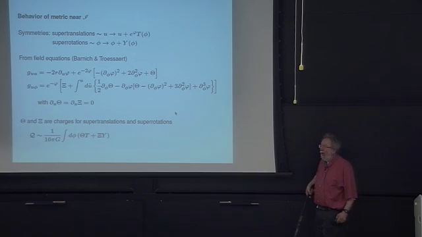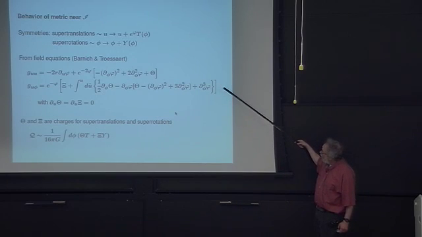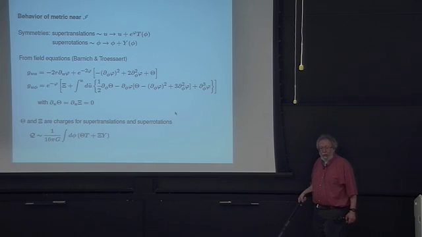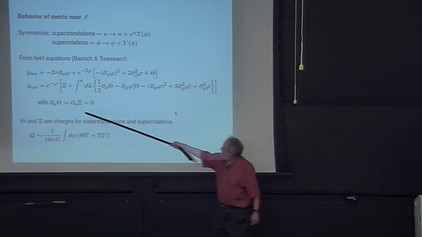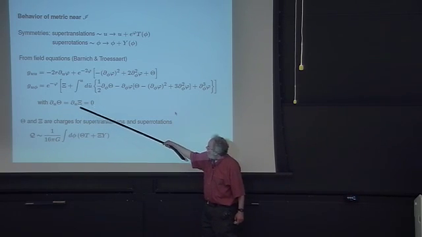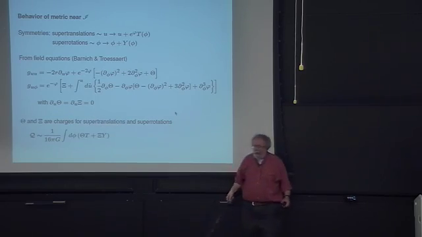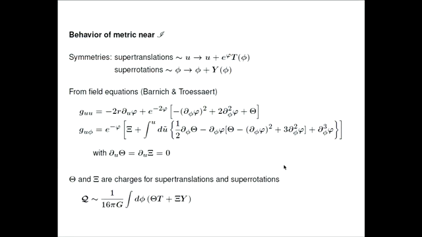This is up to terms of order 1 over r. There are 2 arbitrary functions that depend on angle alone, capital Θ and capital Ξ. These have the interpretation of being the charges for supertranslations and superrotations.